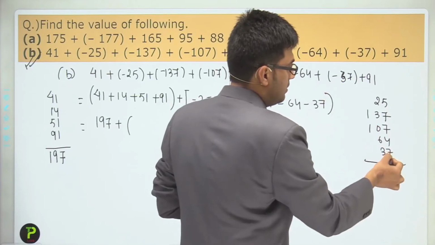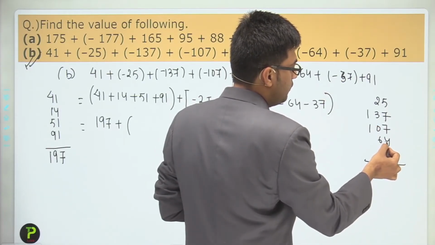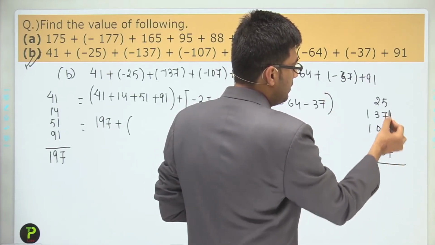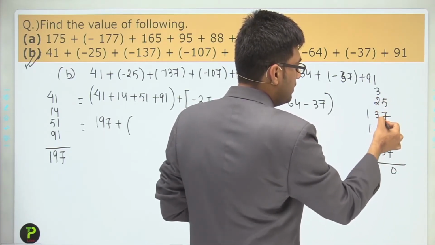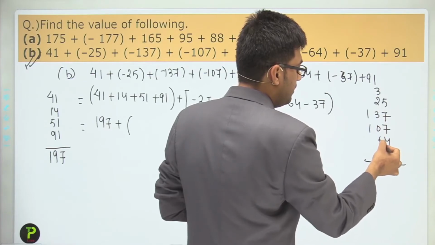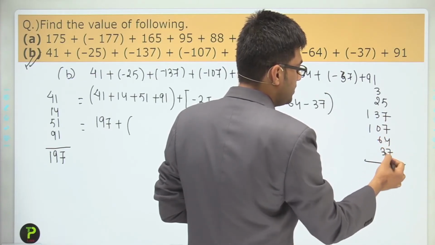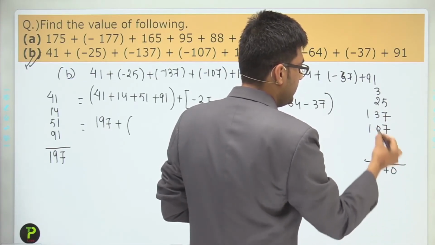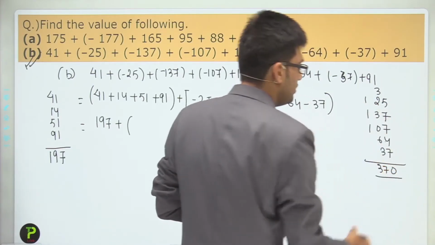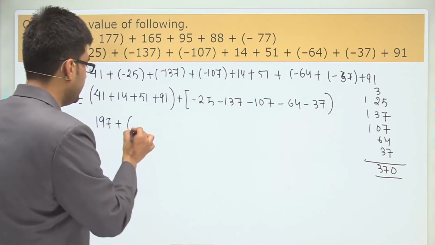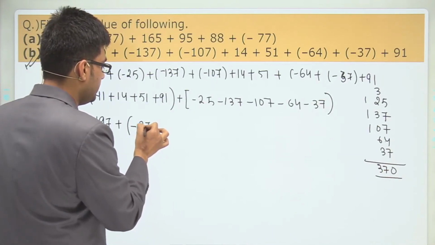So it is 21 plus 4, 25 and 30, 0 carry 3. 3, 2, 5, 3, 8, 8 plus 6, 14, 14 plus 3, 17, 7 carry 1, 1, 2, 3. So it is 370. So we can write it as minus 370.